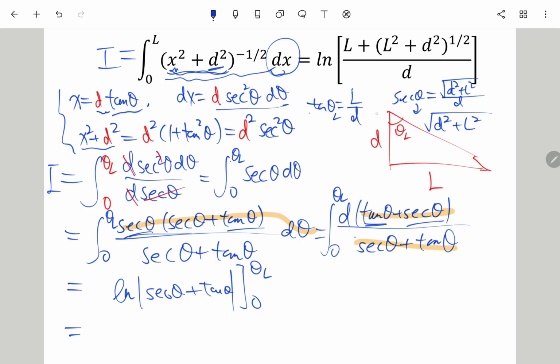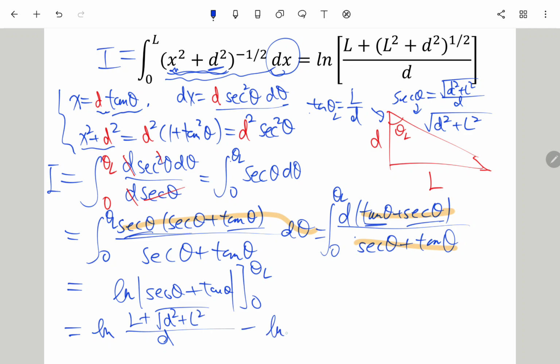So this is nothing but natural log of L plus the square root of d squared plus L squared, over d.